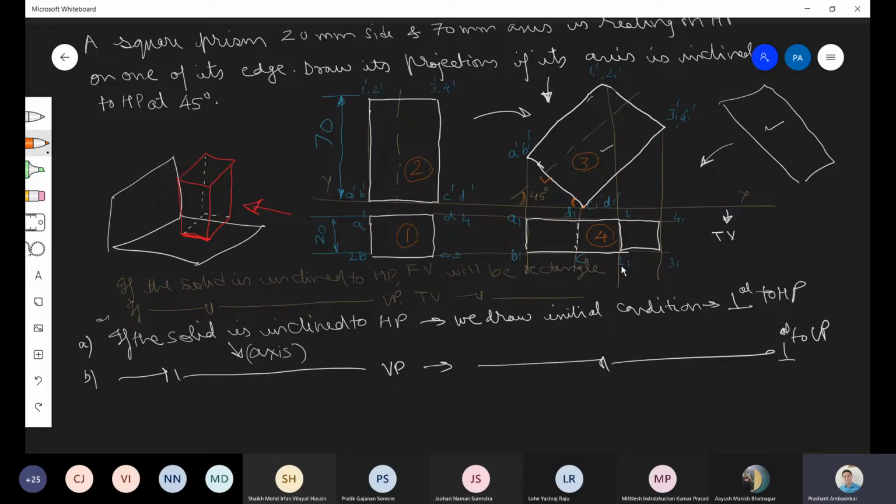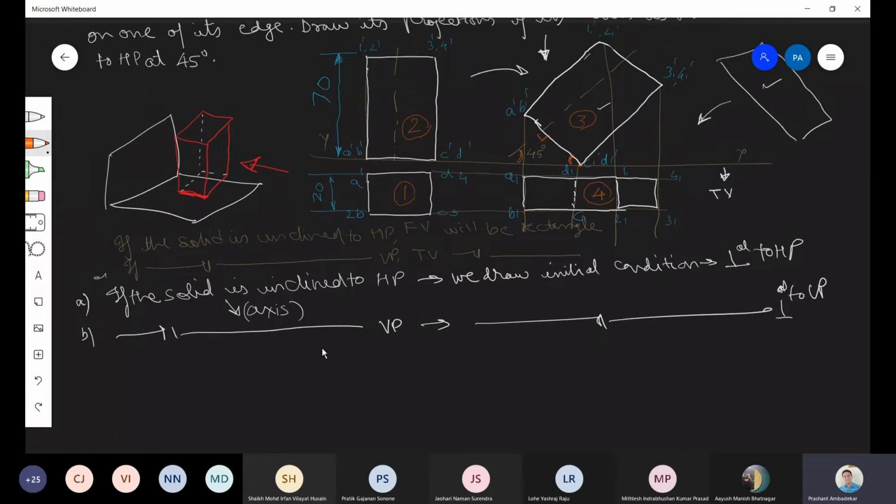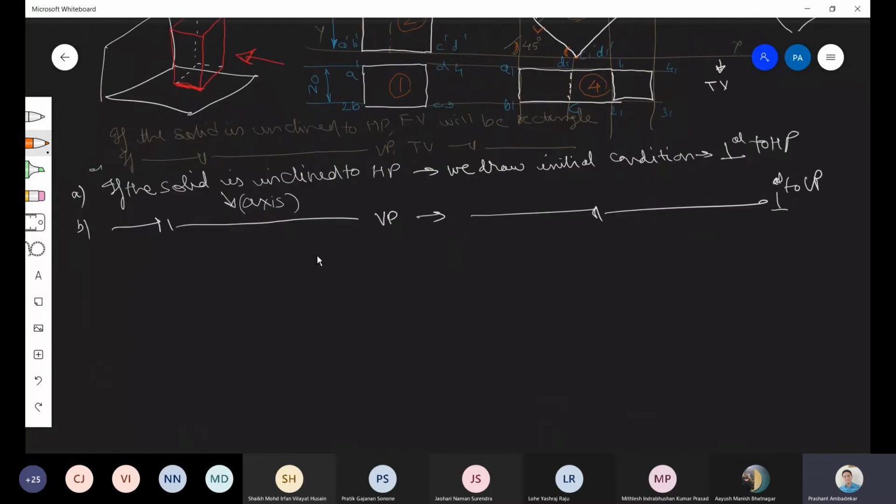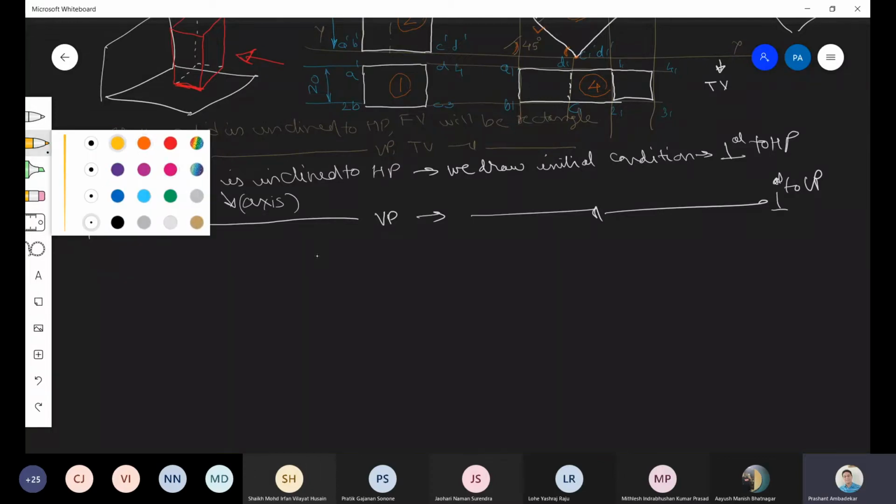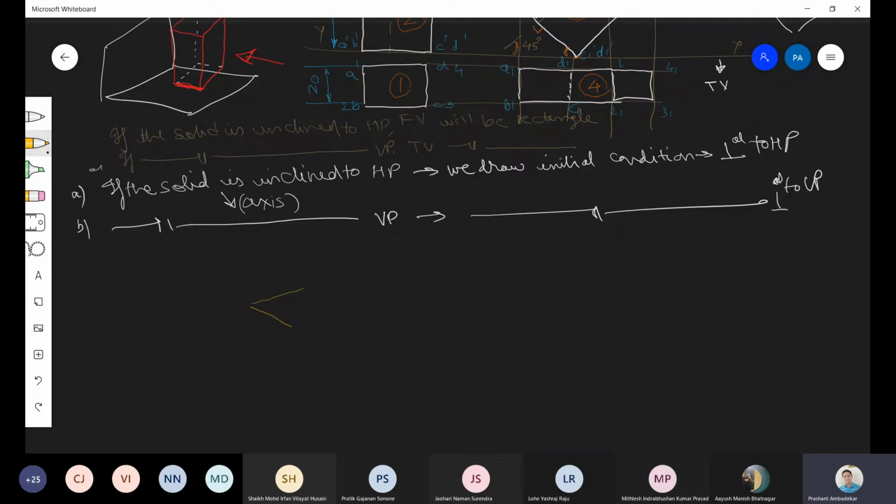Now, if you incline this, I will incline it for you. And after inclining, this will be seen something like this. So you will see it like this after inclination.